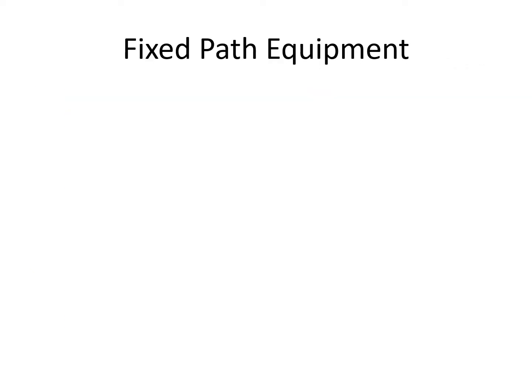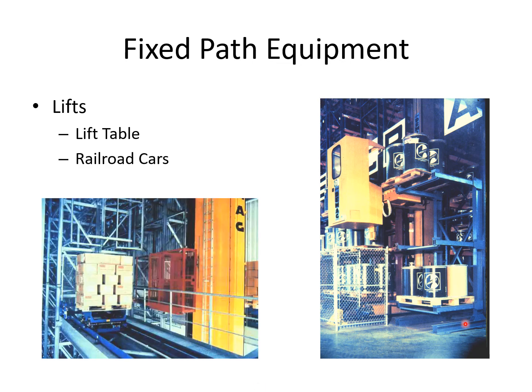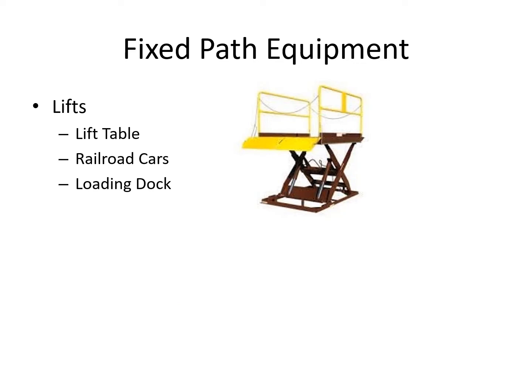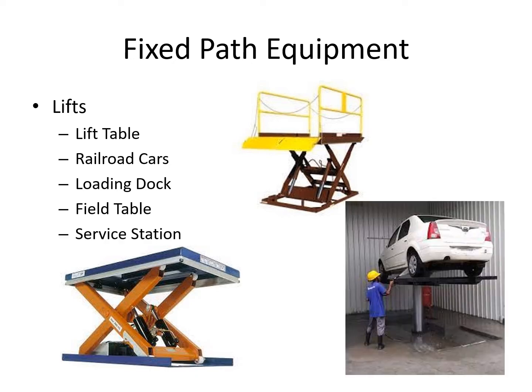Next in line we have the lifts, where we may have the lift table which carries the material up along with the table, the railroad car which carries the material along the railroad, the loading dock to load or unload material at a height, the field table to work on the material at different levels, or a service station to give access to work from all sides.